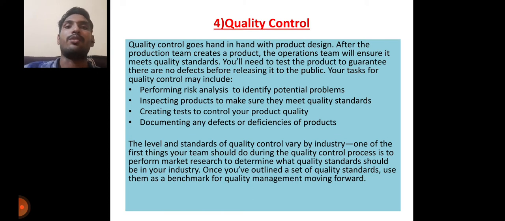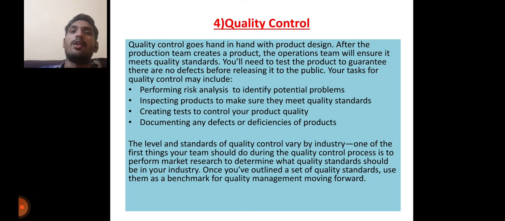Your tasks for quality control may include, first, performing risk analysis to identify potential problems. Second, inspecting products to make sure they meet the quality standards. Third, creating tests to control your product quality. And fourth, documenting any defects or deficiencies of the product.